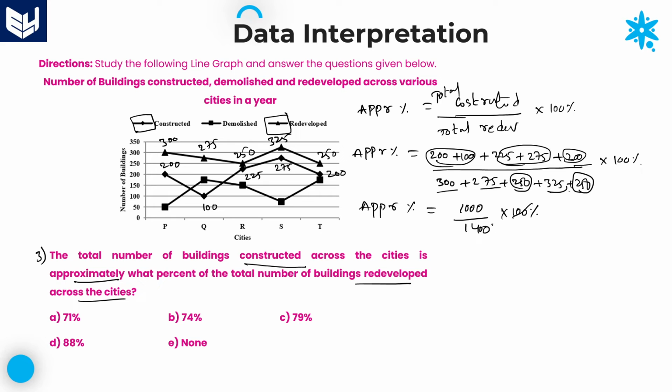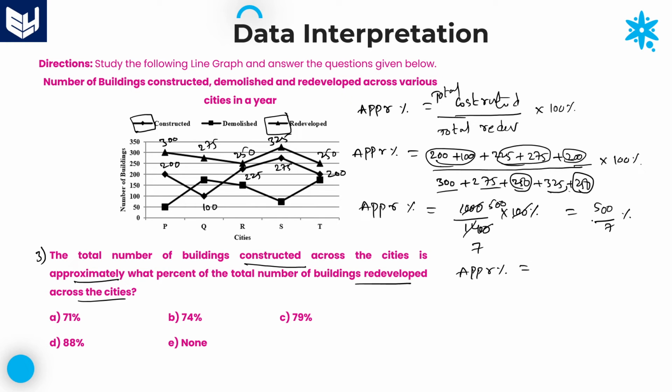Here two zeros cancel, and 2 sevens are 2 500s. The required answer is 500 by 7 percent. You just calculate approximately what that percentage value is.